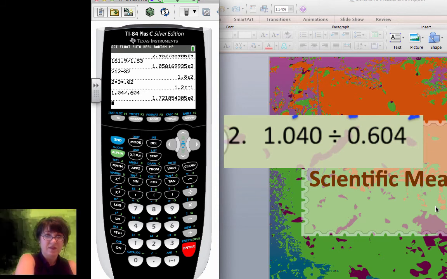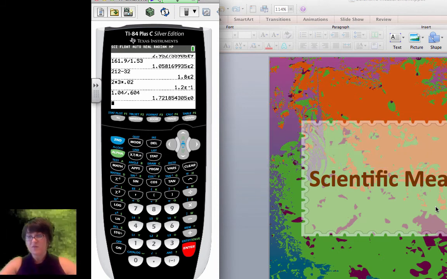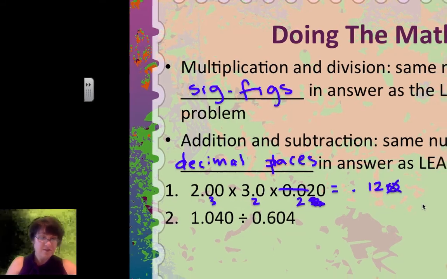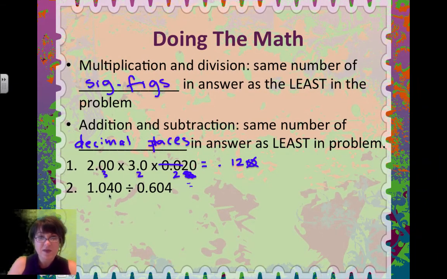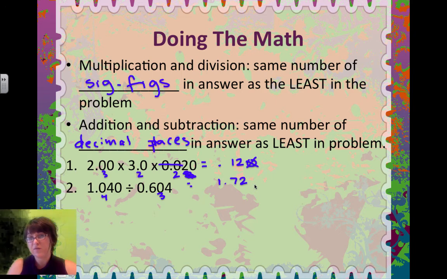How many are we going to keep? That's a bunch of calculator vomit, and vomit does not belong on our paper. I have here 4 sig figs, and here I have 3 sig figs, so my answer is restricted to only 3 sig figs. And I look at the number after my 3 sig figs to see, do I need to round up or not? It was a 1 after here, so I don't need to round up.